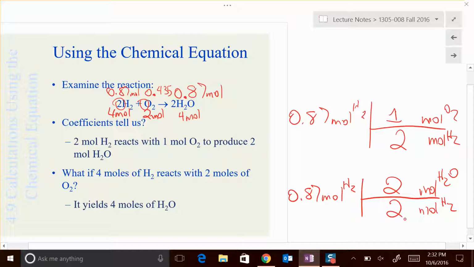So what's my answer? Exactly. Okay? So if I have 0.87 moles of H2, I have 0.87 moles of H2O, because these will cancel, right? And I'll be left with 0.87 times 2 divided by 2. 0.87. Okay?